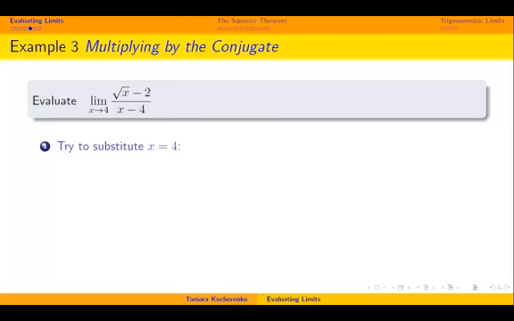We first try to substitute x equals 4. We obtain square root of 4 minus 2 divided by 4 minus 4, which gives zeros in both the numerator and the denominator.